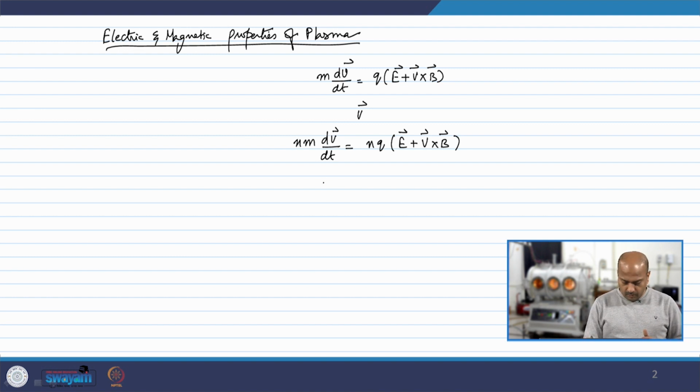So, we have the total derivative d by dt, which is written as dou by dou t plus u or v dot del.